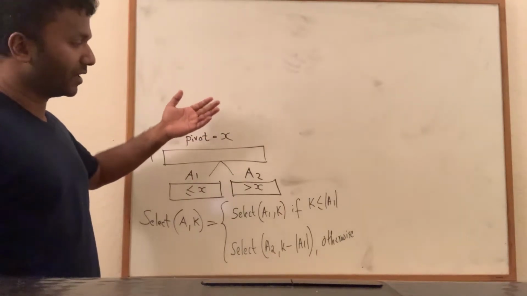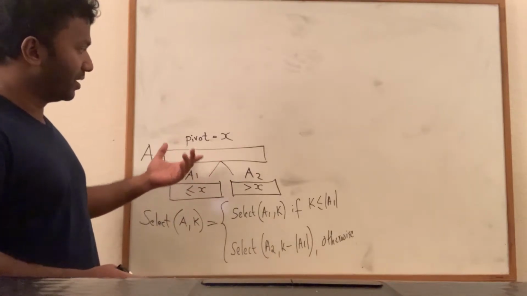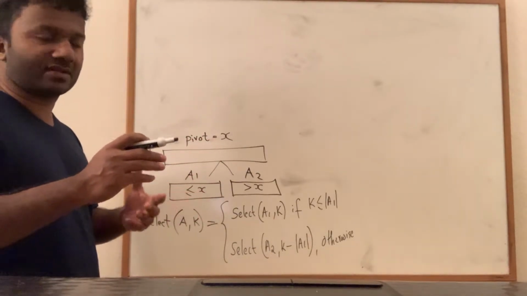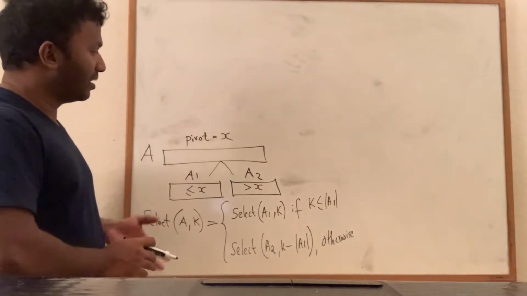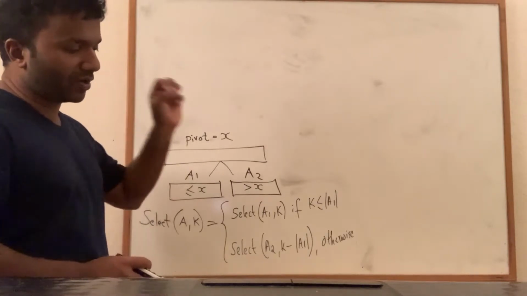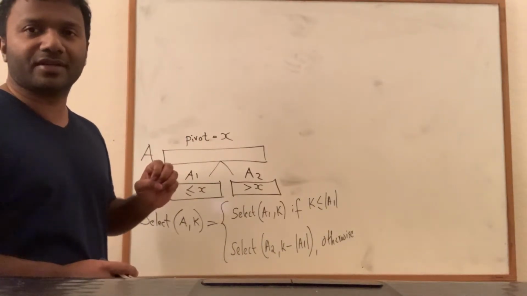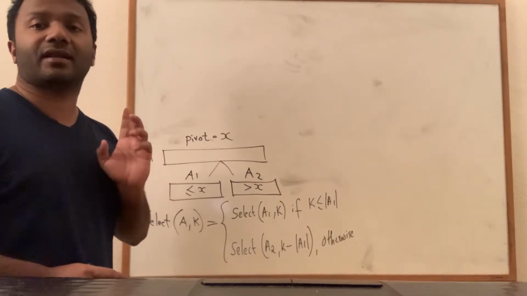In the previous deterministic algorithm, we had a very elaborate procedure for getting something which can divide the array in a somewhat balanced way. In the case of quick select, all we're going to do is just pick one element randomly. More specifically, we will pick one element uniformly at random.